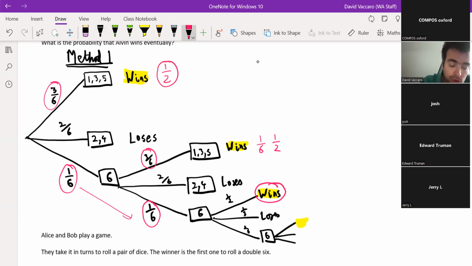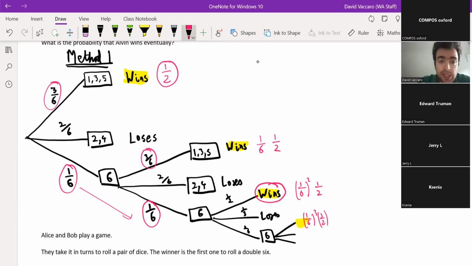So we multiply along the branches, so that's just a 6 times a 6, that's 1/36. And I can write that 1/36 as 1/6 squared. And then again, I win with probability 1/2.